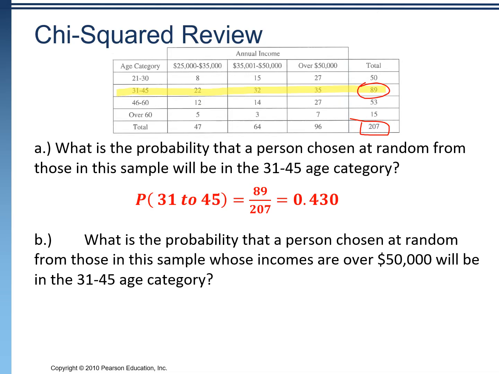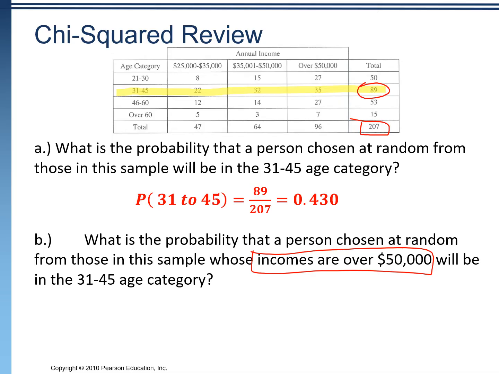Part B, what's the probability that a person chosen at random from those in the sample whose incomes are over $50,000 will be in that same 31 to 45 age category? This is a conditional probability, and its condition is given here. Their income is over 50,000. All right, so that's going to restrict what we're looking at.